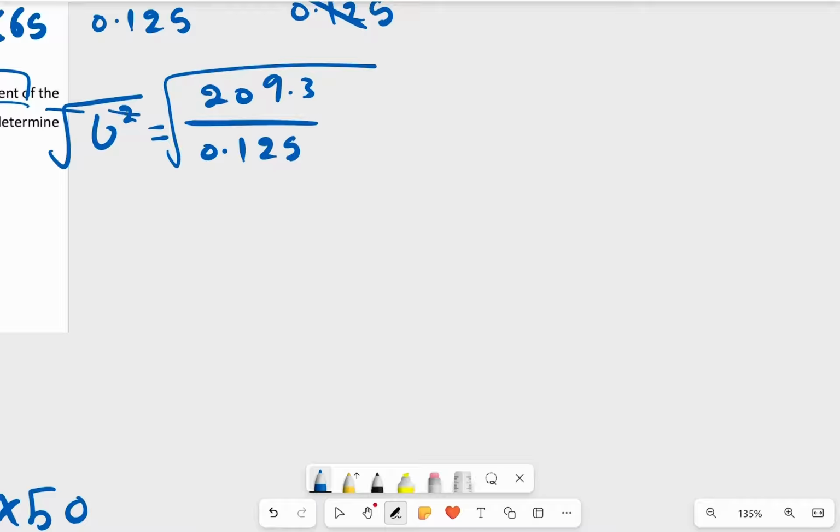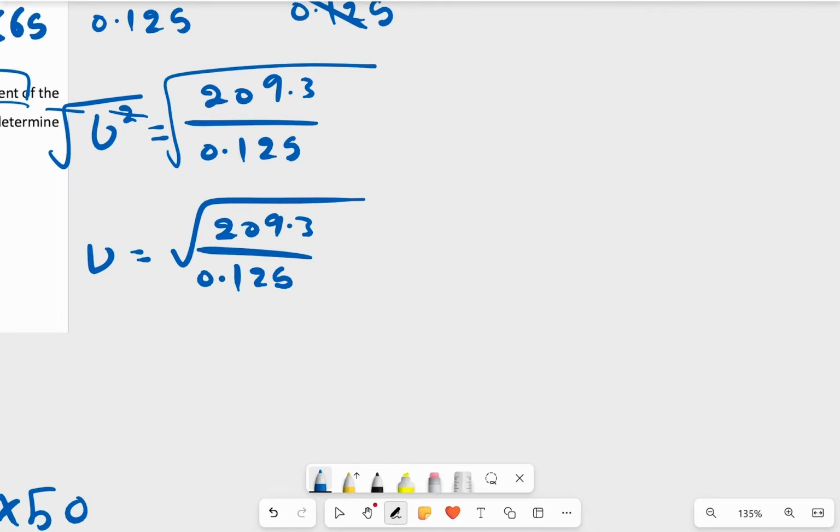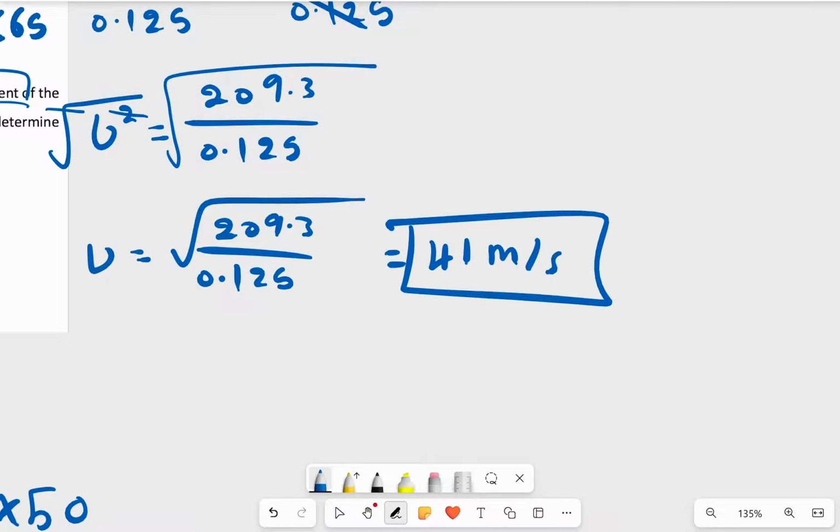This cancels with this one, so you have velocity equal to the square root of 209.3 divided by 0.125. Divide these two numbers and then take the square root. You should get 41 meter per second. This is the velocity of the baseball.